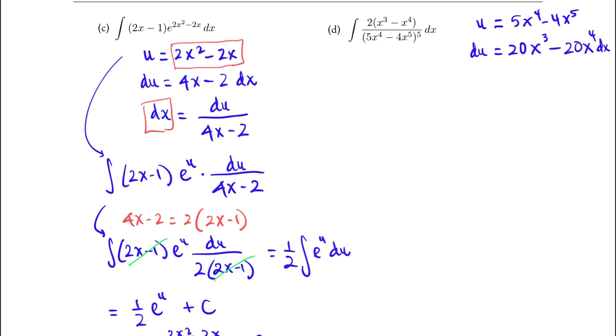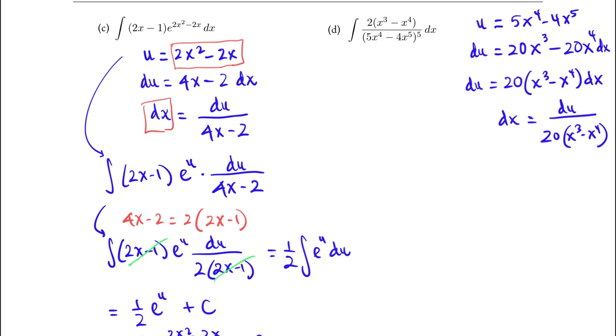We see that we can factor out the 20, so we will do that. 20 times the quantity x cubed minus x to the fourth dx, and this is du. Dx by itself is therefore du over 20 times (x cubed minus x to the fourth).